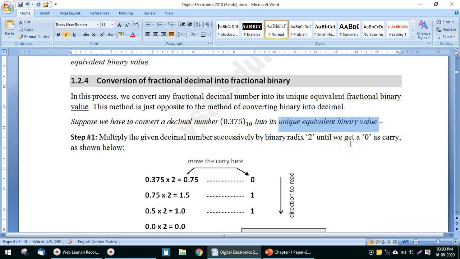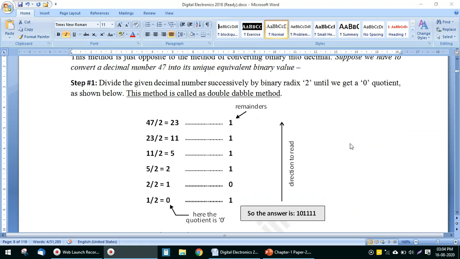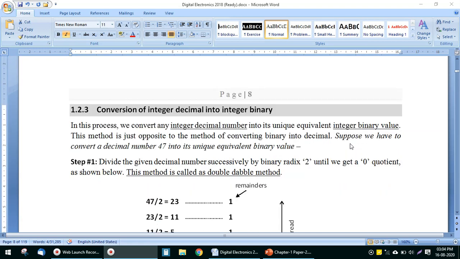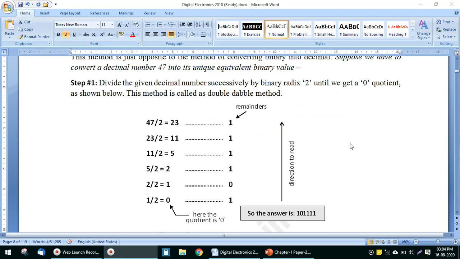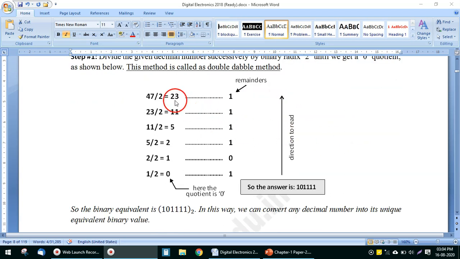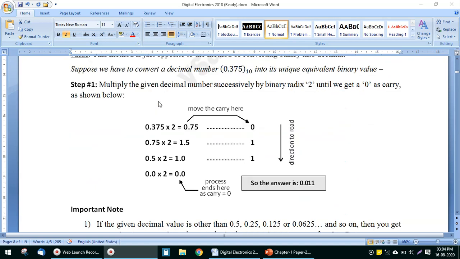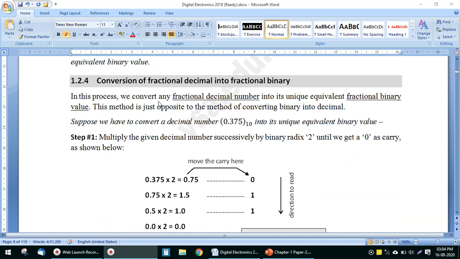So let us see how to do this. As you saw in the previous topic, topic number 1.2.3, we converted the integer decimal into integer binary by dividing the given decimal by 2.